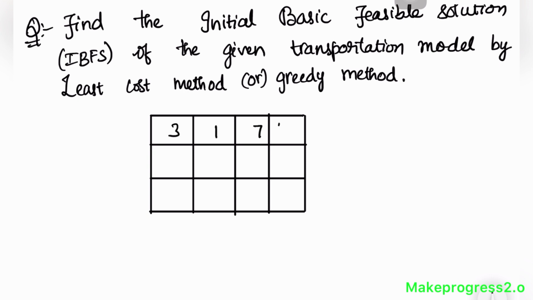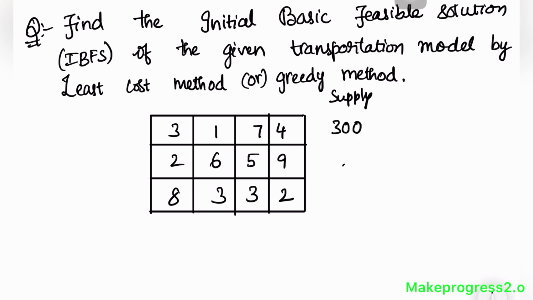So here we have cell values as 3, 1, 7, 4, 2, 6, 5, 9, 8, 3, 3, 2. So these are the cell values which represent the cost of the transportation from particular source to particular destination.